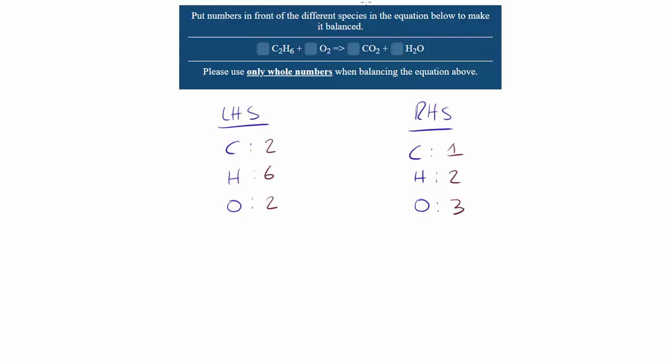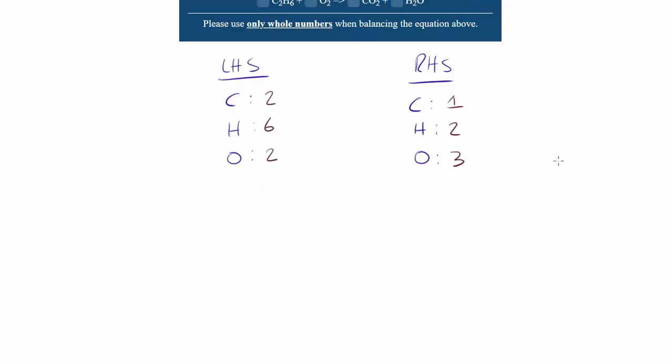Well, the only species in which carbon occurs on the right hand side is the CO2, and we can see that we've got effectively half the number of carbons compared to the left hand side. So I'm going to put a 2 in front of the CO2, and that's going to be the adjustment I'll make to try and get the carbons balanced.